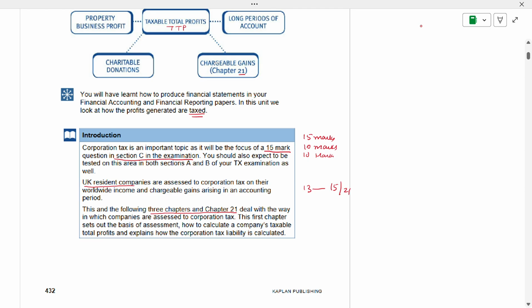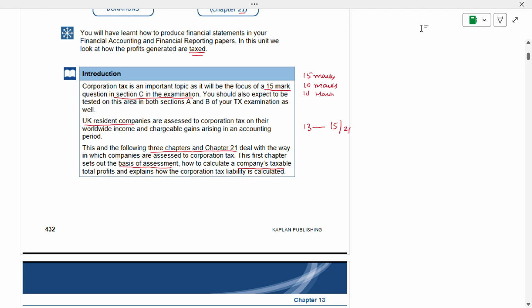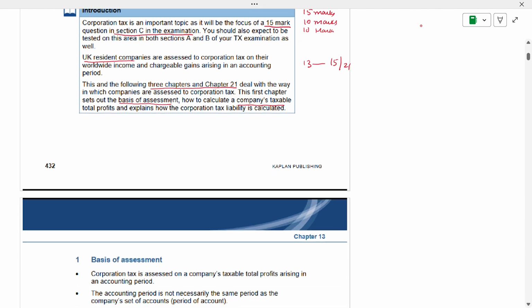This is section B, what we have done. The first chapter covers the basis of assessment and how to calculate taxable total profits. I will explain how the corporation tax liability will be calculated.